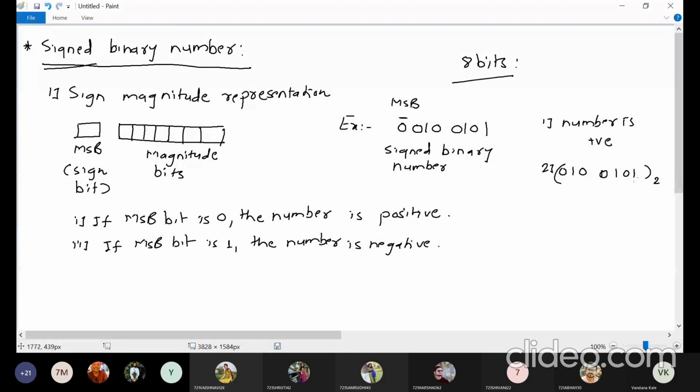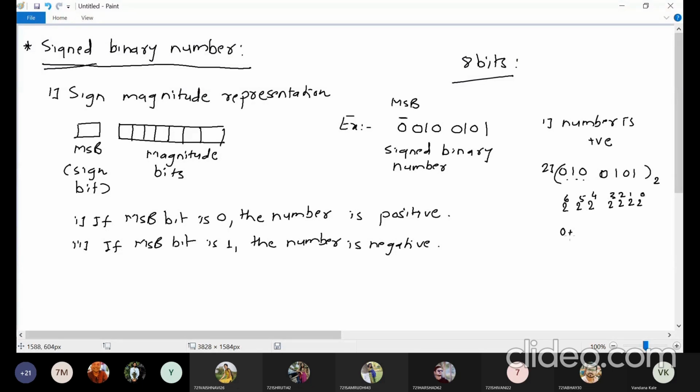Here the powers are 0, 1, 2, 3, 4, 5, so we have 2 raised to the power 5, then 4, then 3, 2, 1, 0.